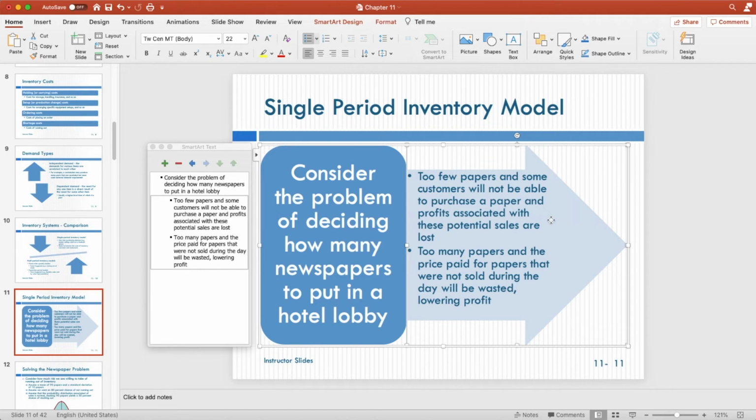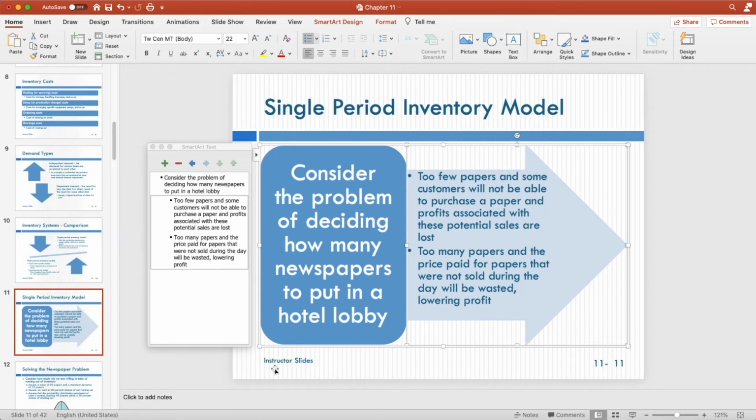Also, you don't want to purchase too few. But what is the optimal amount of newspapers to purchase? We can use a model to help us solve this type of problem.